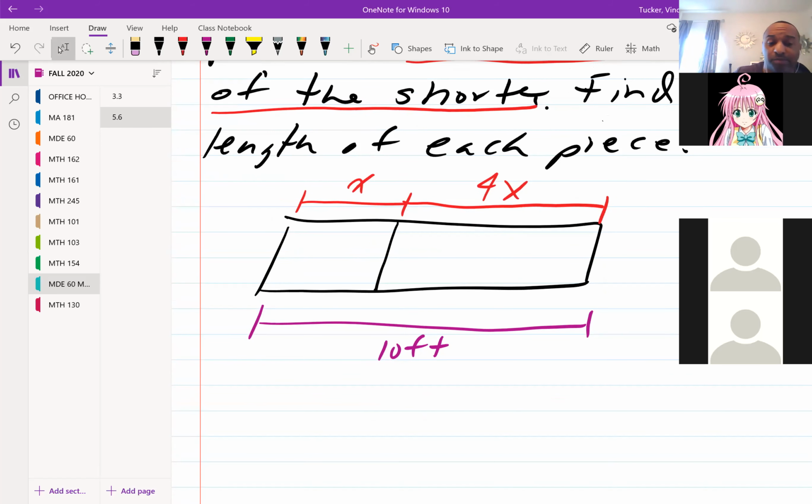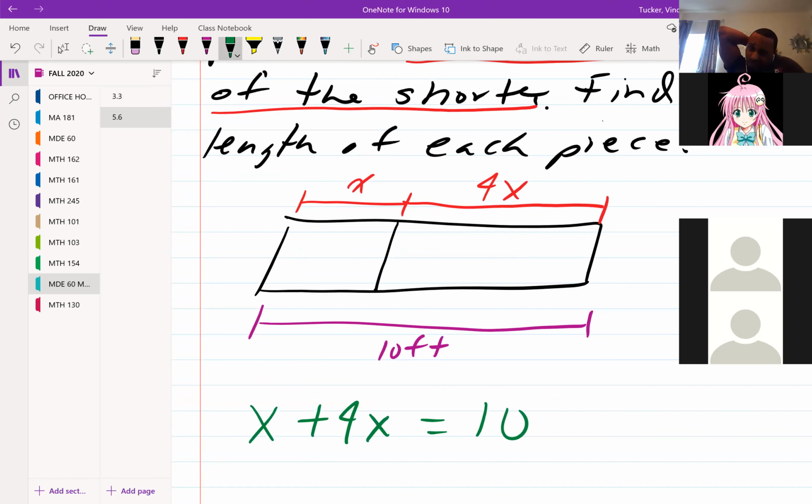We're not worried about debris, shavings, or whatever the case may be. So you're looking at X plus 4X equal to 10. Make sure that makes sense. Is everybody okay with that?